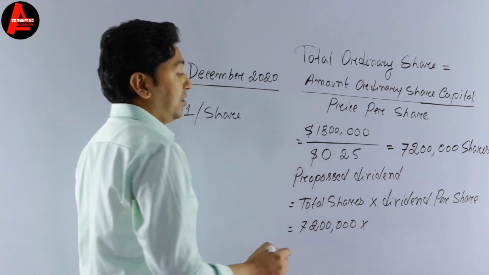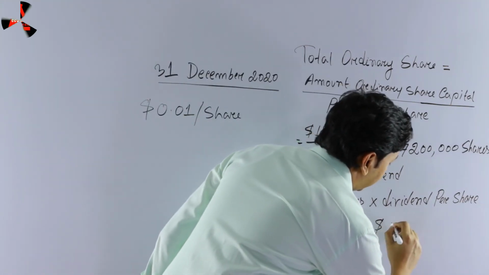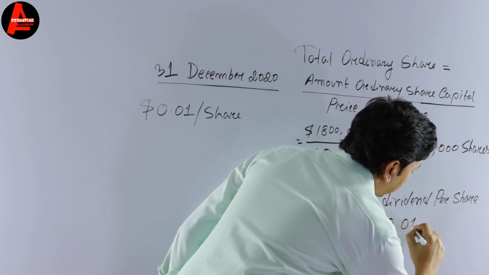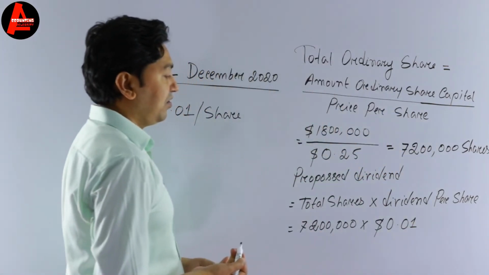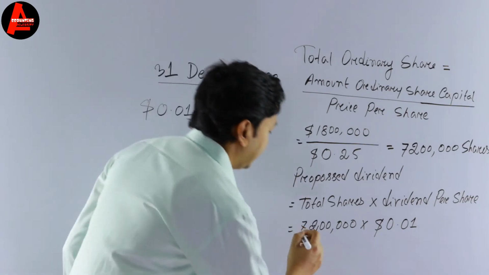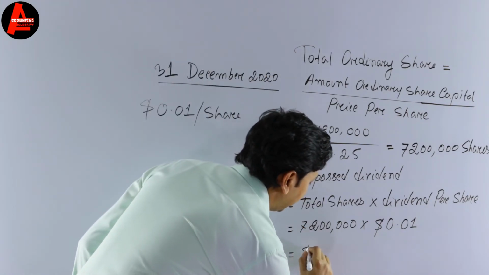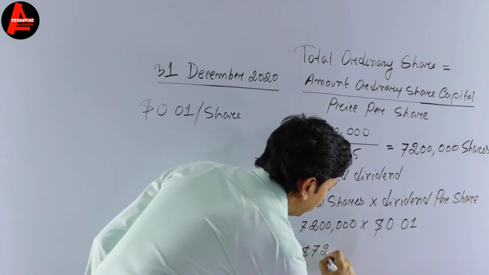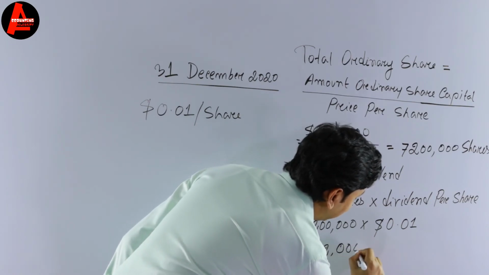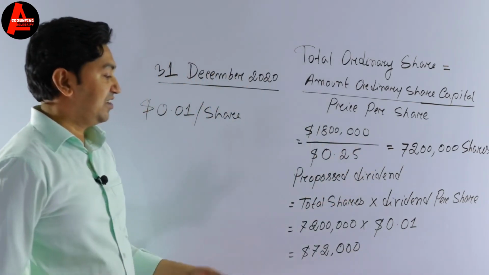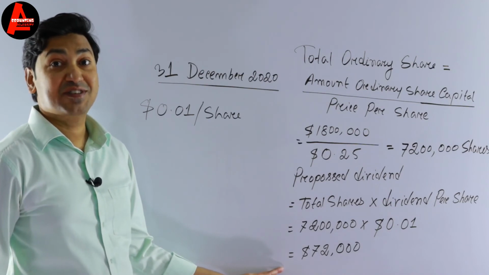Our total shares are 7,200,000, so 7,200,000 shares multiplied by the dividend per share, which is 0.01. Now if we multiply, what do we get? Very simple. It is $72,000. This is the amount of proposed dividend.